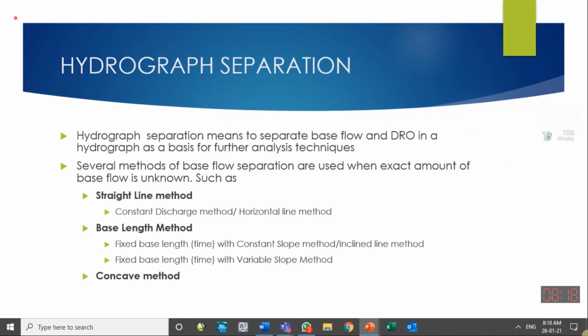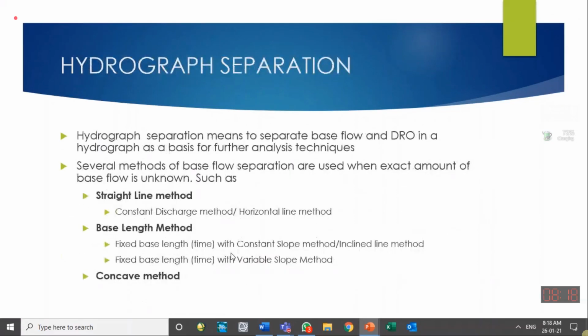So we select a base flow value and say that this is a constant base flow, and we separate the upper part from the lower part by subtraction of the total hydrograph ordinate from that base flow value. So the constant discharge method or horizontal line method is an easy method and used, but maybe not more accurate.